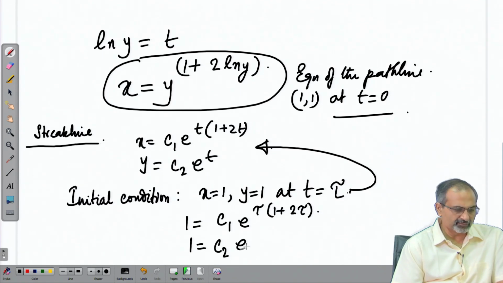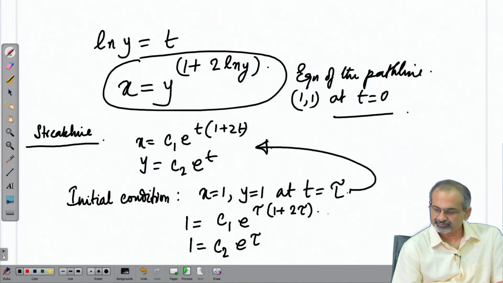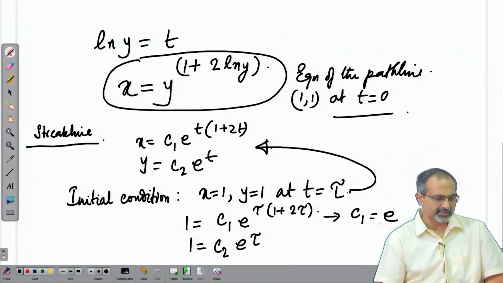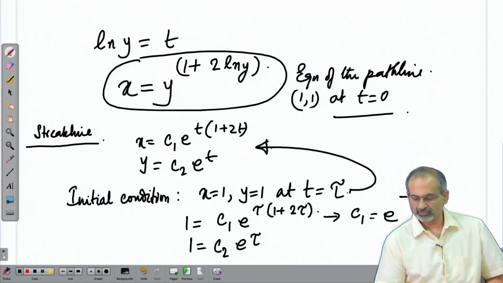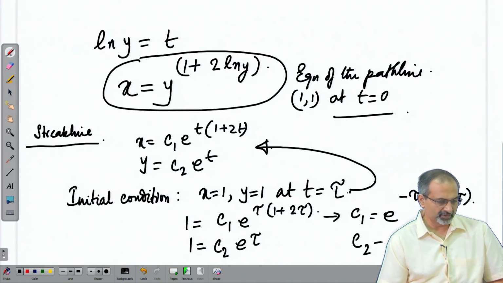The two equations will yield two conditions like this. From this first equation, you get c1 is equal to e to the power of minus tau times (1 plus 2 tau). The second equation will give you e to the power of minus tau.